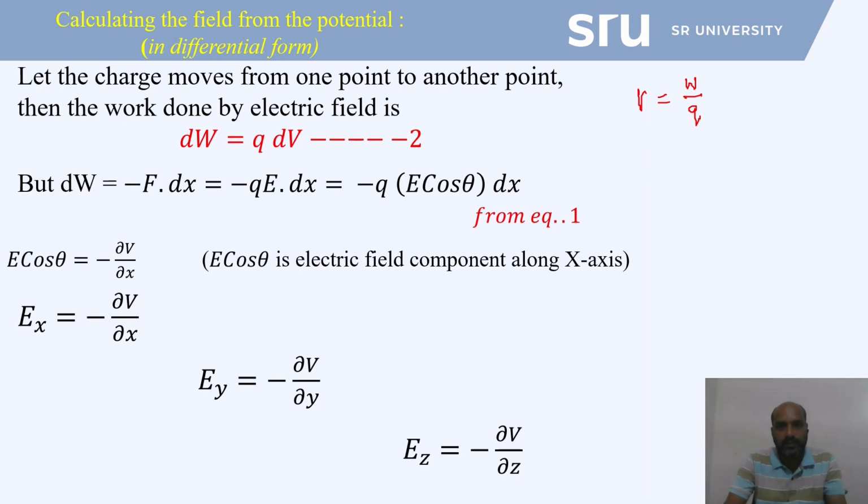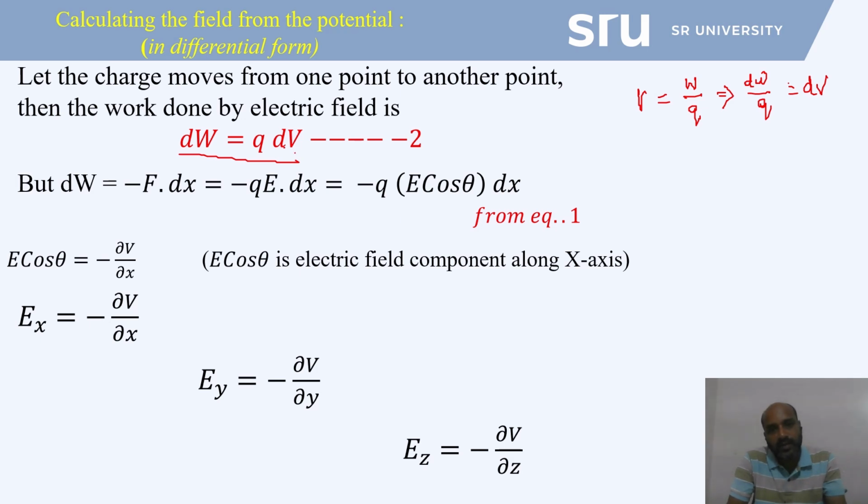So V is W by Q. If that work is small, if the displacement is a small segment, we say that is dW by Q, which will be equal to dV. So dW is equal to Q into dV, the small amount of work done.